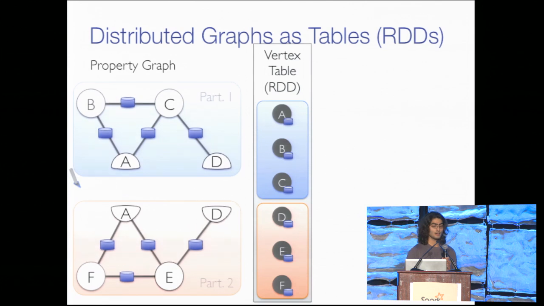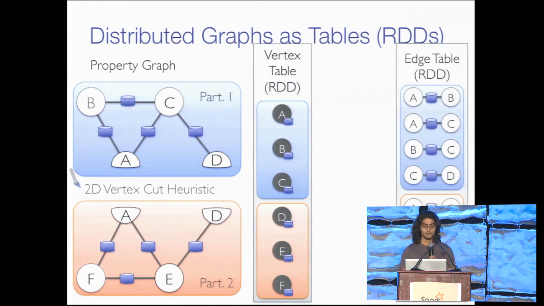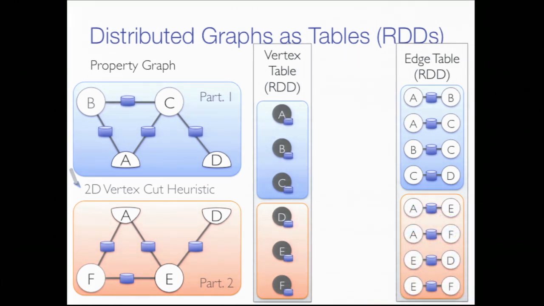That implies a vertex cut layout, where a single vertex might have neighboring edges on multiple machines. So here's the vertex and edge table. The scheme allows the system to support high-degree vertices easily, since we can just balance the edges across machines using, for example, a hash partitioning function that distributes them evenly. We can do this regardless of which vertices an edge connects to.